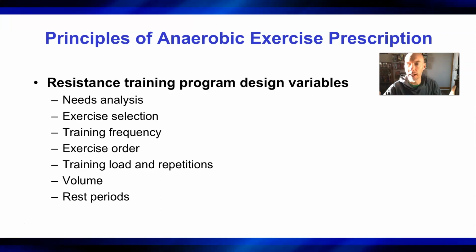You have to actually interact with the human that you're working with, and that is where the art comes into it. Okay, so sticking with the science part mostly, there are a series of variables, and these should look familiar to you, that we are going to look at and determine scientifically what is the recommended way to structure those variables for a training session.